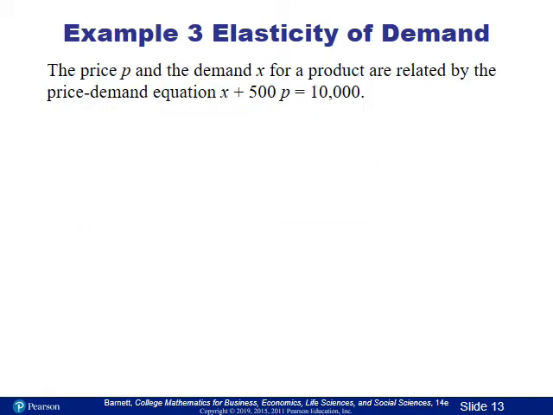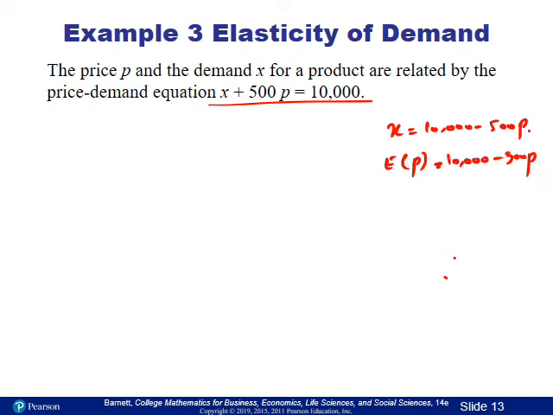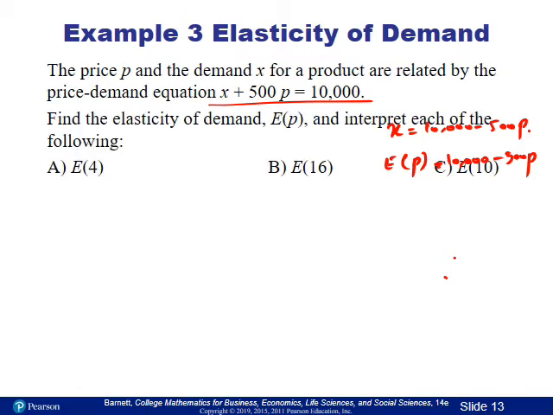For example, if the price P and demand X for the product are related by the price demand equation, we can write x equals 10,000 minus 500p. It means that f of p is 10,000 minus 500p. We need to find the elasticity of demand, so you can see its formula.